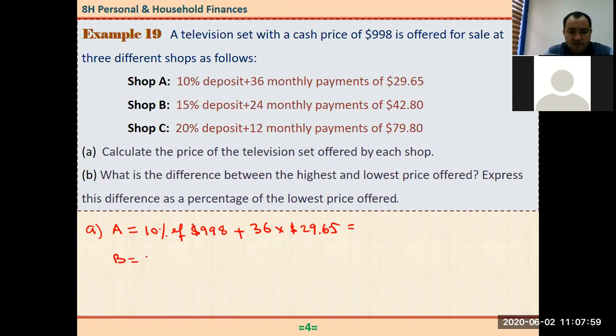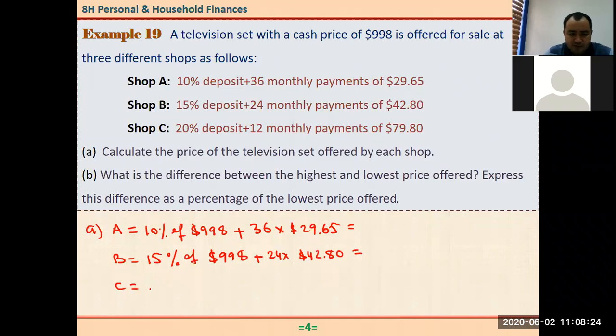So that is 15% of 998 plus 24 monthly payments, each month we have to pay $42.80, right?